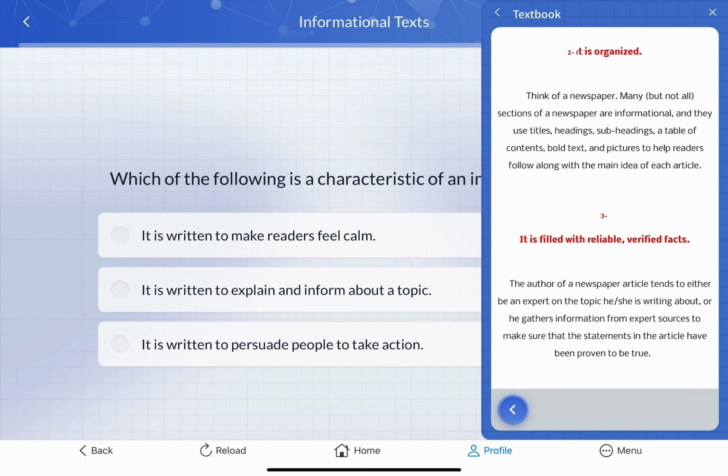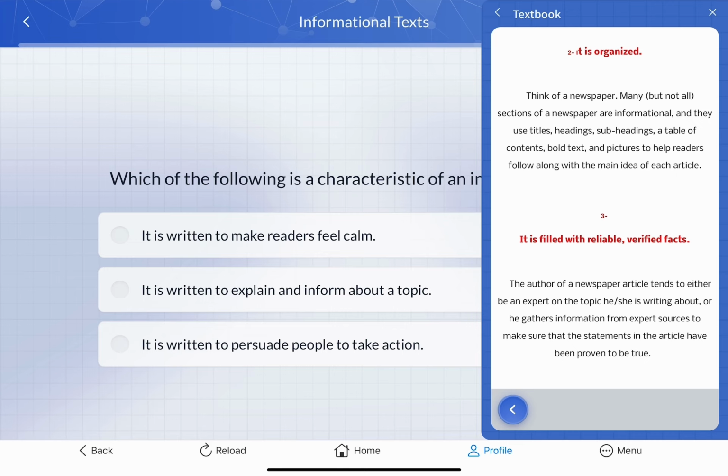And the last thing, and the most important thing, when writing an informational text is that the text is filled with reliable, verified facts. So the author of a newspaper article tends to either be an expert on the topic he or she is writing about, or gathers information from expert sources to make sure that the statements in the article have been proven to be true.